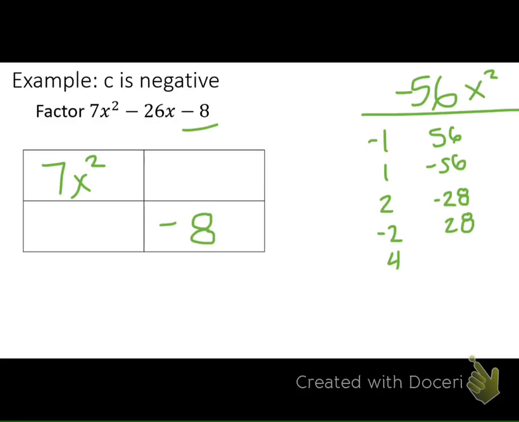So 4 goes into 5 once, and then I'm left with 16, so I have 14. But remember, I need to write it twice, and one of those needs to be positive, and one of those needs to be negative. So 5 doesn't go into 56, and neither does 6. 7 goes into 56, because 7 times 8 got me 56. So make sure to make one of them negative and one of them positive.